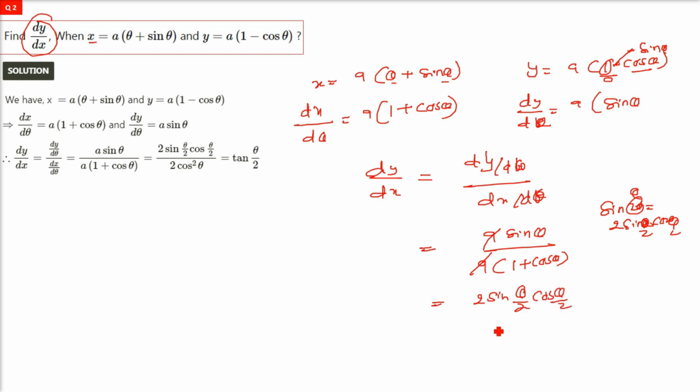In the denominator, 1 plus cos theta is 2 cos square theta by 2. Now you can cancel the 2 and one cos. Ultimately you get sine theta by 2 over cos theta by 2, which is tan theta by 2, and that is the final result.